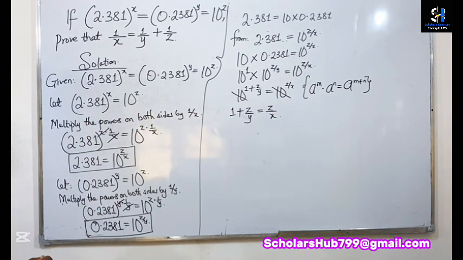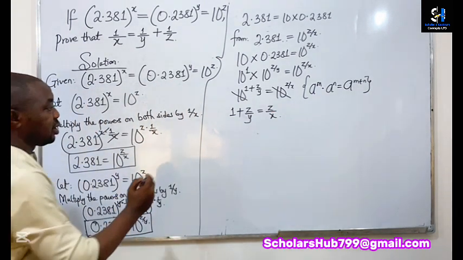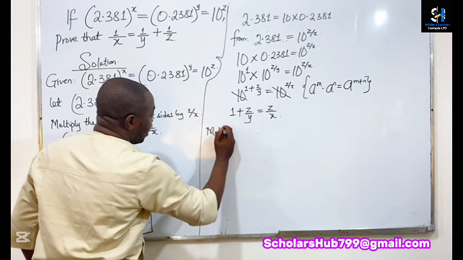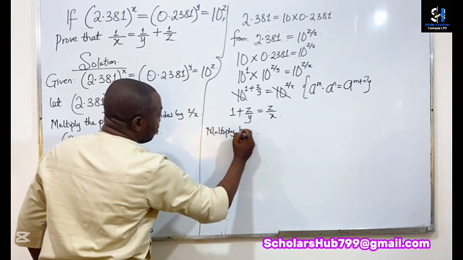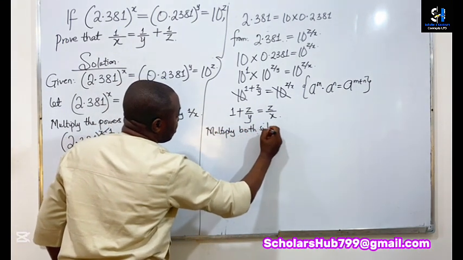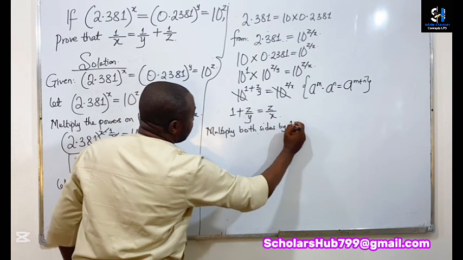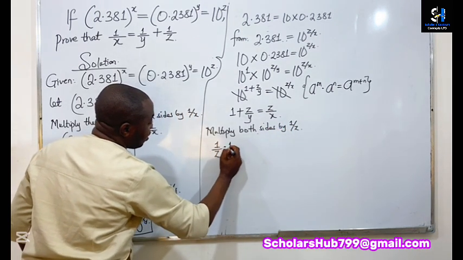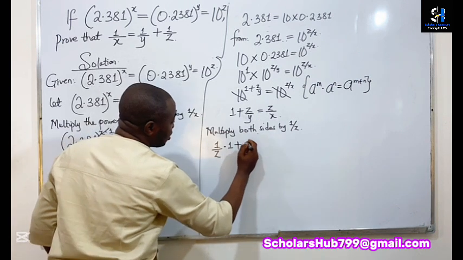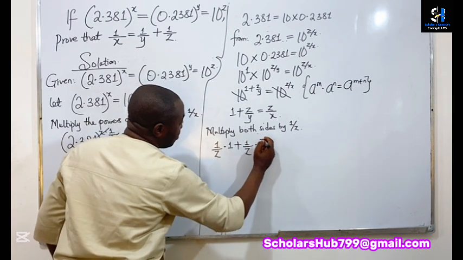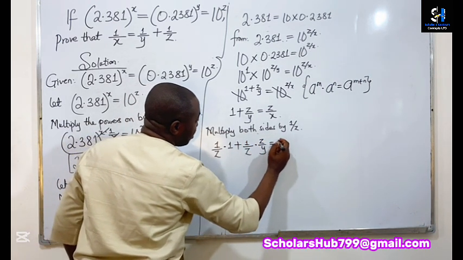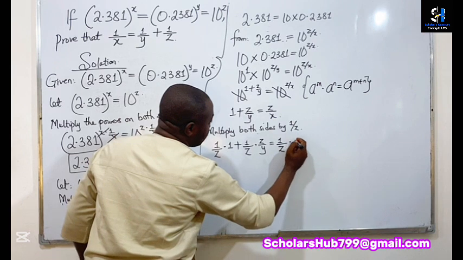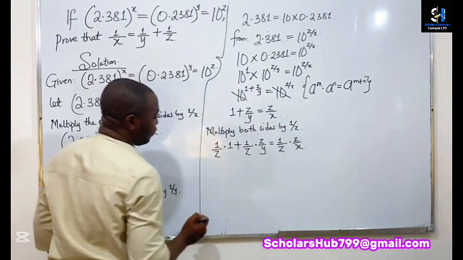Now I'm going to multiply both sides by 1 over z. So this will be 1 over z multiplied by 1 plus 1 over z multiplied by z over y equals 1 over z multiplied by z over x.